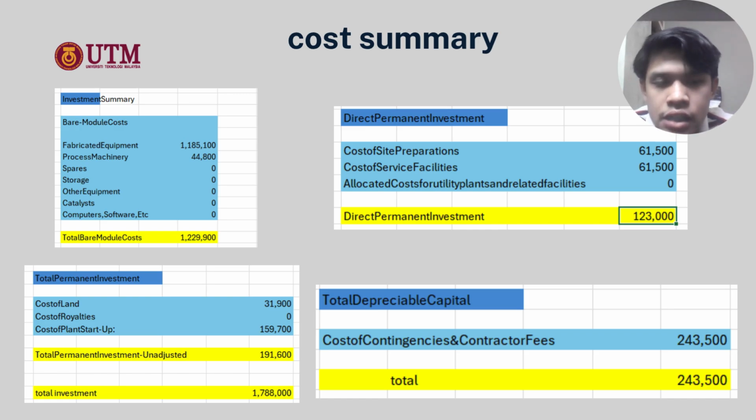And last but not least, for total permanent investment, of course, including the location they want to rent, cost of land, royalty, and startup of the plant, the total is around 191,600. When we total up all of this budget, they are going to spend about 1,788,000.